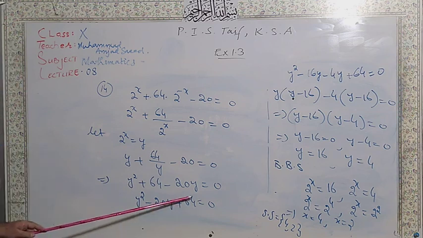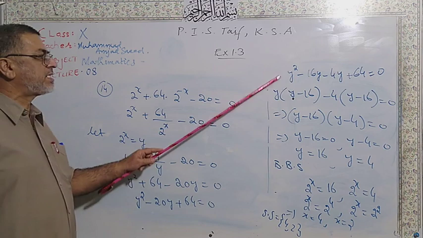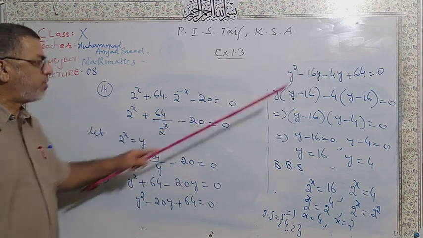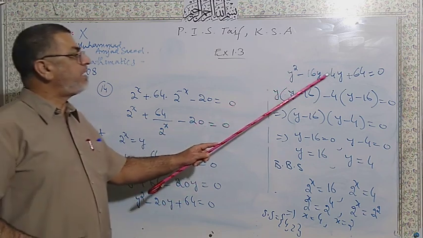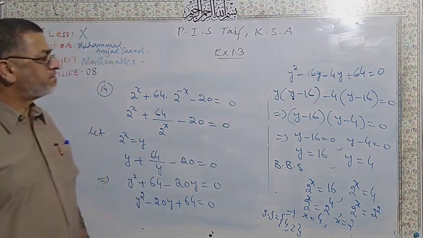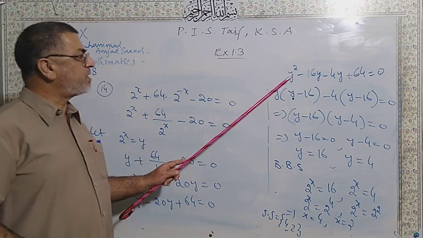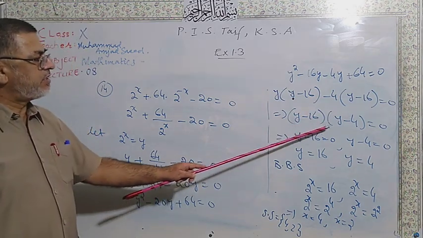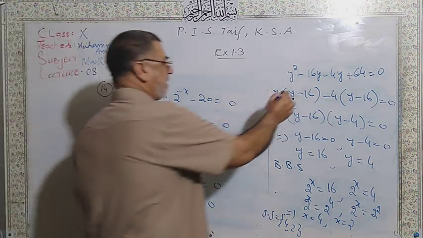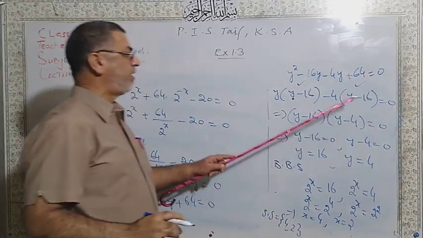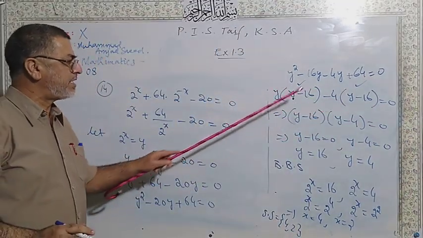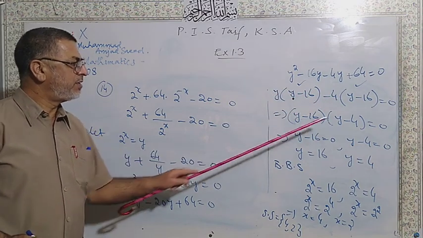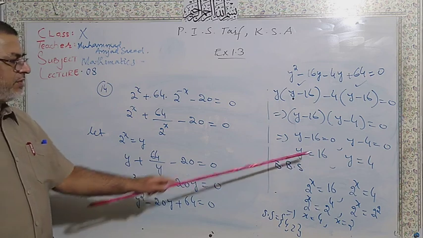And then we multiplied first and last, 64y square, and pairwise minus 16 and minus 4 are added to get minus 20, and multiplied to get plus 64y square. Then taking y common from the first two terms and minus 4 common from the last two terms, we have written these equations because y minus 16 and y minus 16 were common in both the terms. So we have taken y minus 16 common from here. What is left here? y, and what is left here? Minus 4. Equated and then found the value of y.